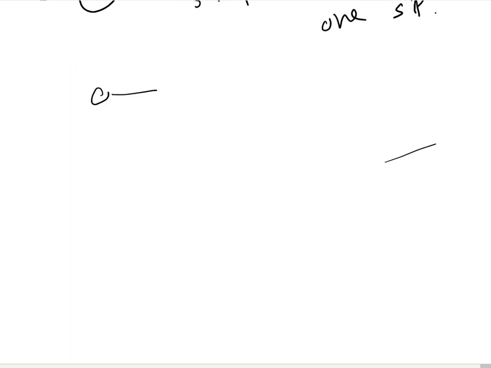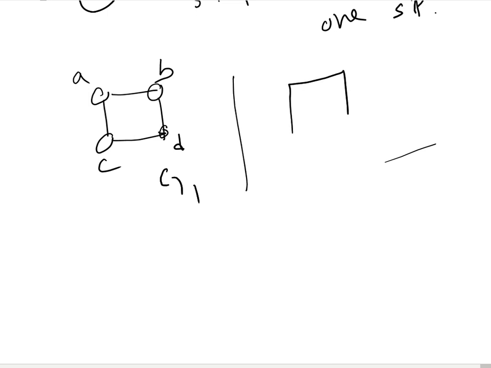Now I have a graph A, B, C. This is graph G1. I have 4 vertices here. Now the spanning trees for this graph may be like this. A, B, C, D is there, and one may be like this. A, B, C, D is there. Another may be like this.